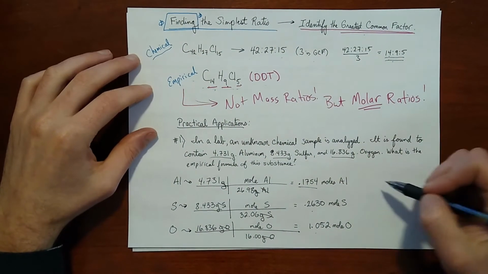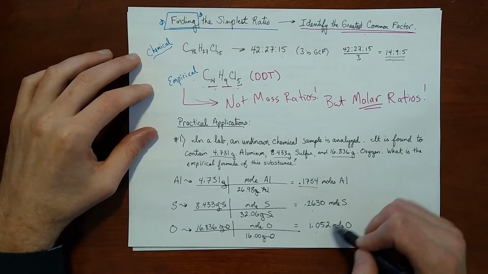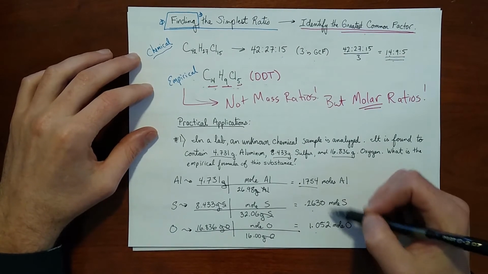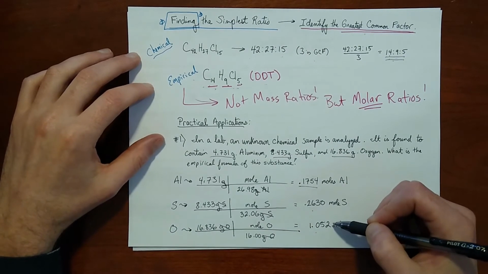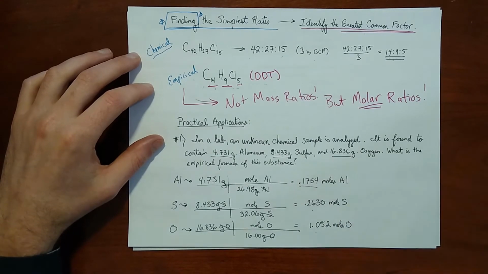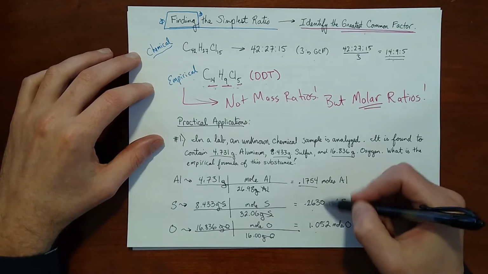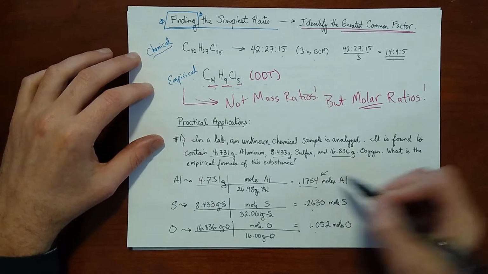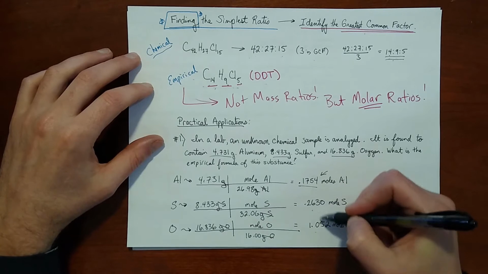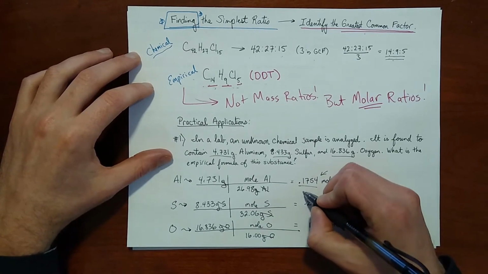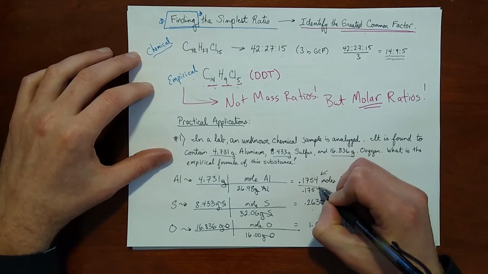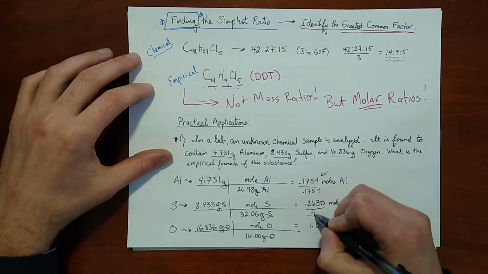I still preserve the proportionality between the various components of the ratio. So the easiest way to do this, when I get numbers that are fractional, not nice round whole numbers, is to take the smallest value of the 3, which in this case is 0.1754, and divide all of them by that. You'll see why we're going to do this in a minute.